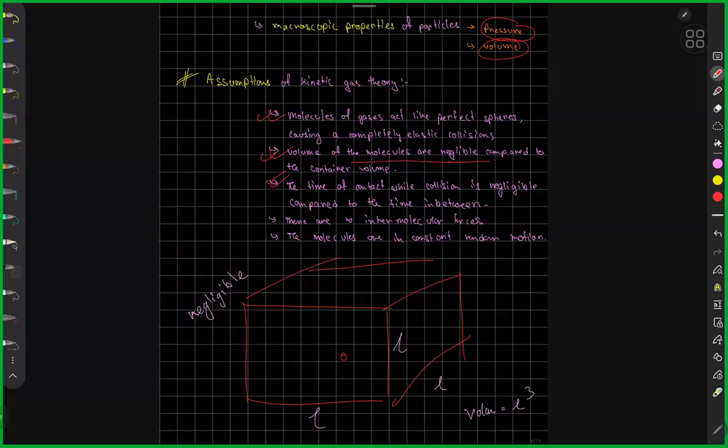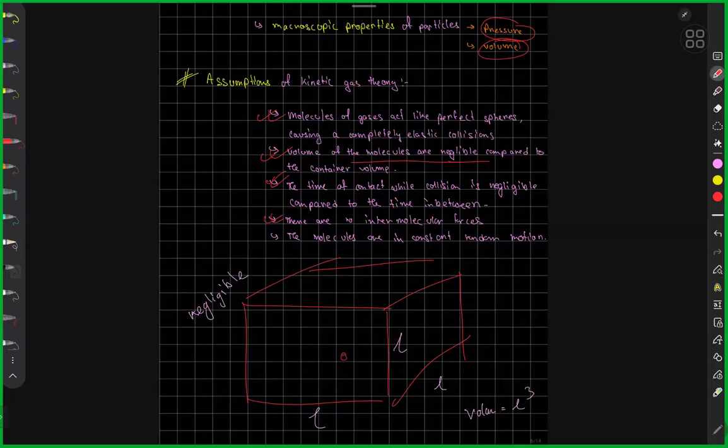Fourth thing, there are no intermolecular forces. In ideal gases, we also assume that the gases have zero potential energy between themselves. Why do we consider this?